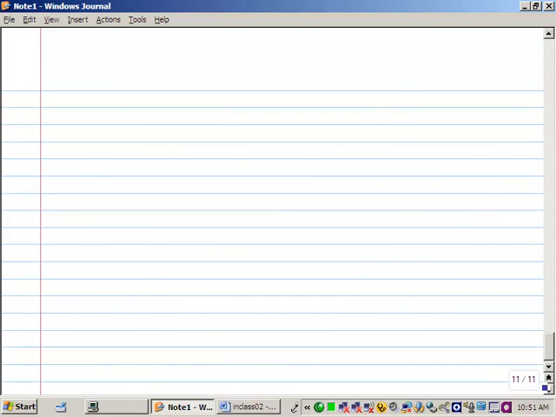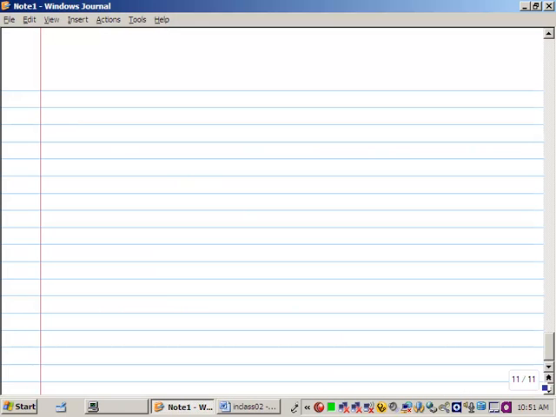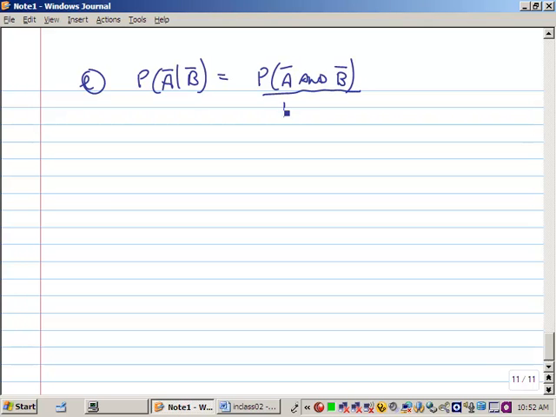Look at what else we have here. E, probability of A bar given B bar. Let's try to do it the way I just pointed out before. On the top line we have the probability of the two events with and between them, A bar and B bar, and we divide by the probability of what's conditioned over here, probability of B bar.